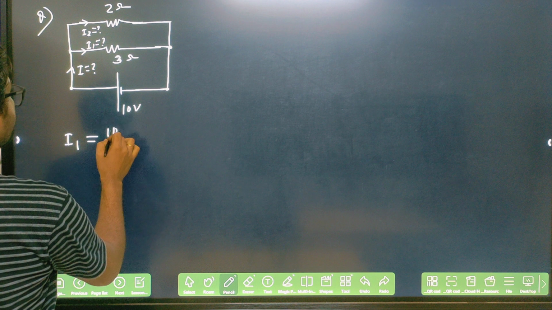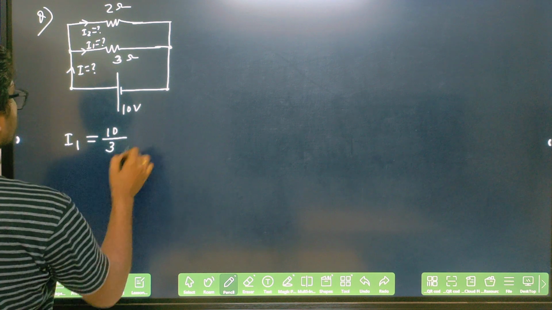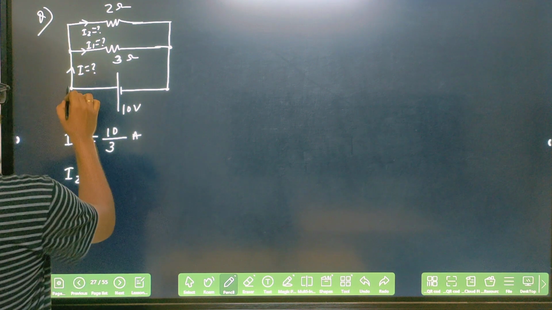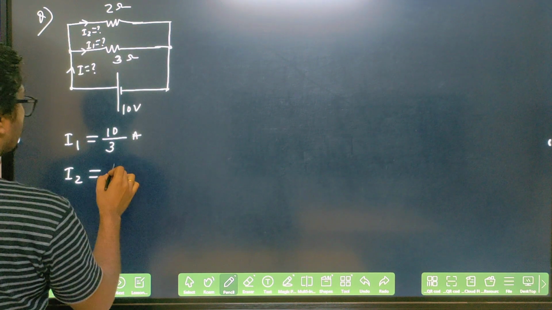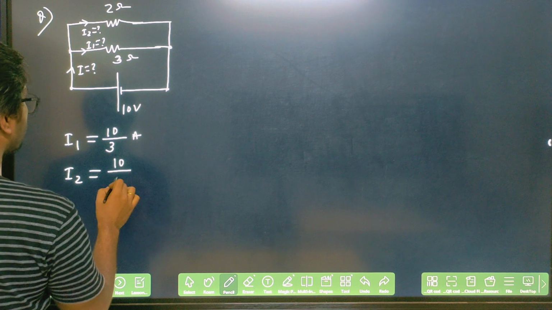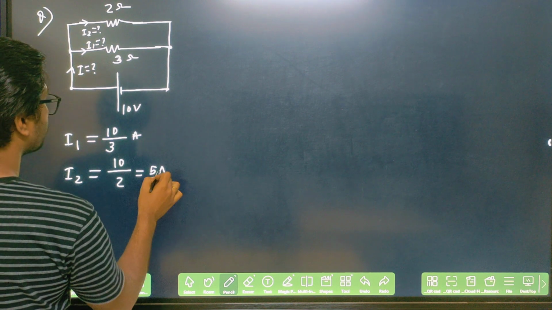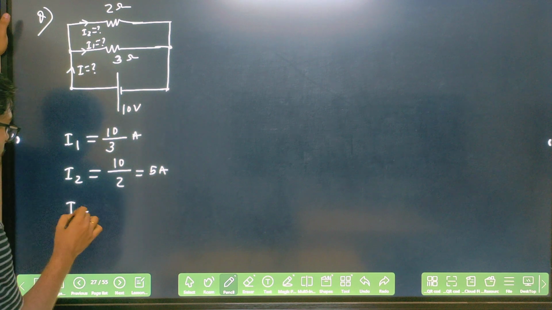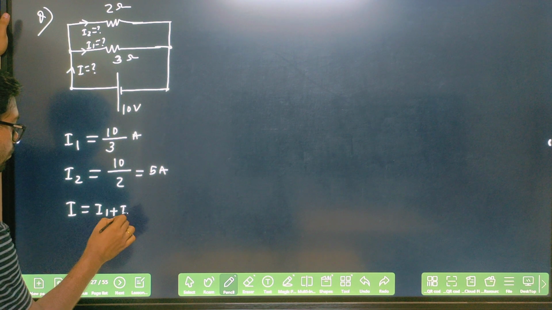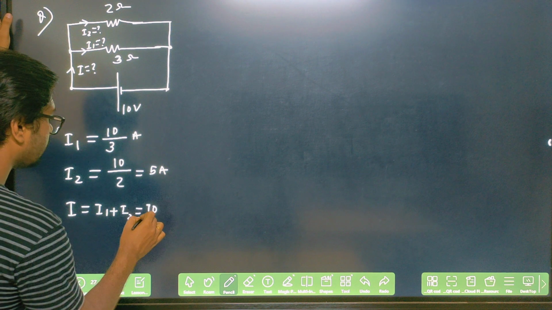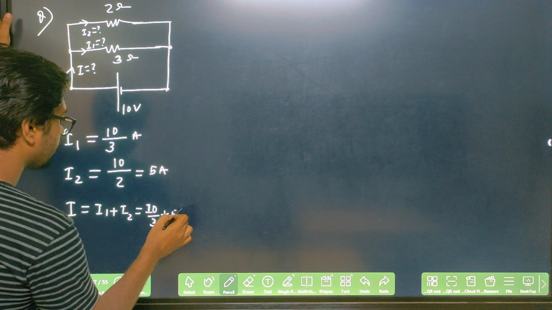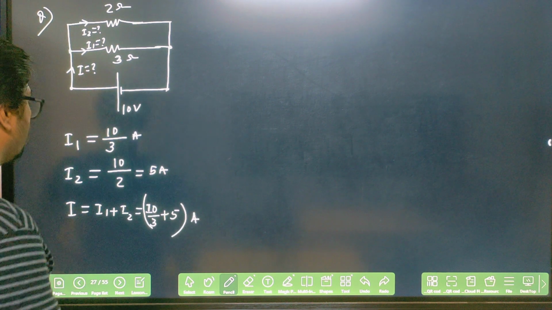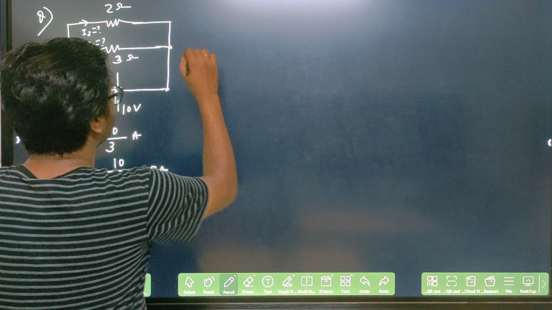So I1 will be 10 divided by 3 ampere. I2 will be how much? If this is 10 volt, here also it is 10 volt, so 10 divided by 2, that will be 5 ampere. Clear? And you know I can be found as I1 plus I2, that will be 10 by 3 plus 5, total this much ampere. Clear?